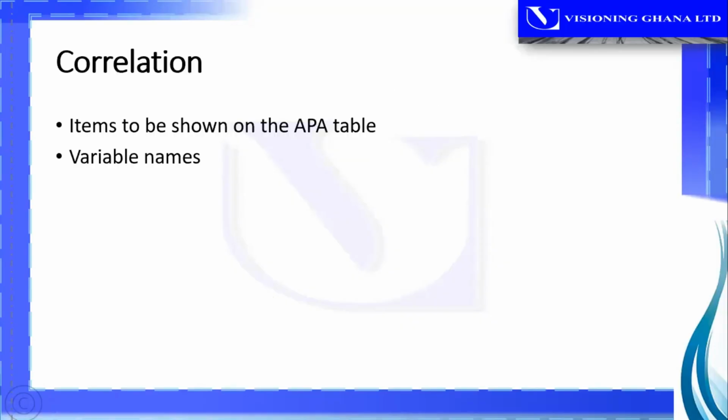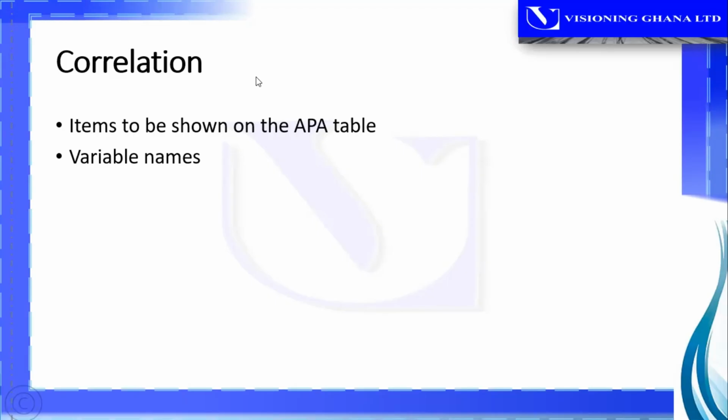So correlation, what you need in a correlation is the variable names. I'm going to show you how you are going to pick the information from your correlation table, how you convert it to APA, and then how you interpret the correlation table. So I'm going to run the correlation.